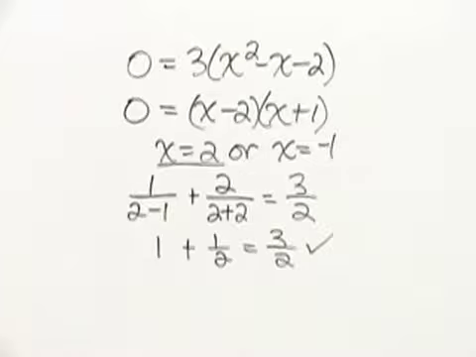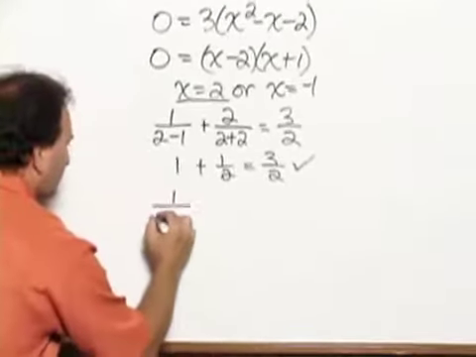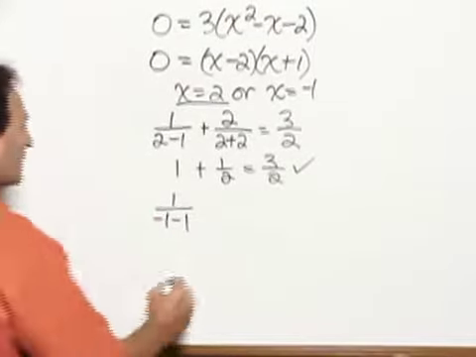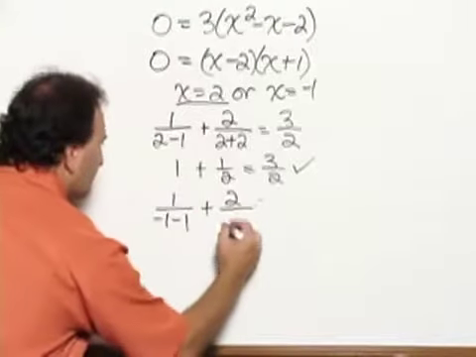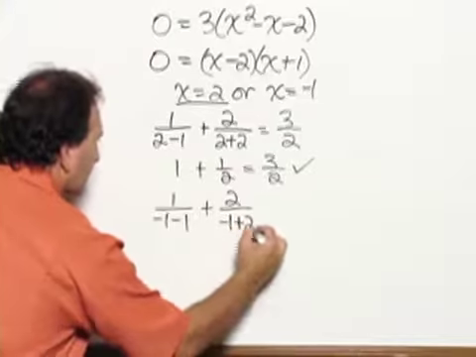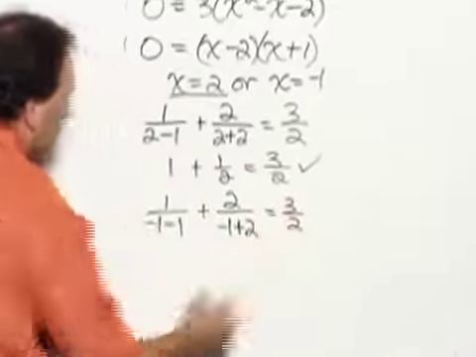Now let's check x equals negative 1. It's 1 over x minus 1, so that's 1 over negative 1 minus 1. Plus 2 over x plus 2, so that's 2 over negative 1 plus 2. And we want to know, does that equal 3/2?